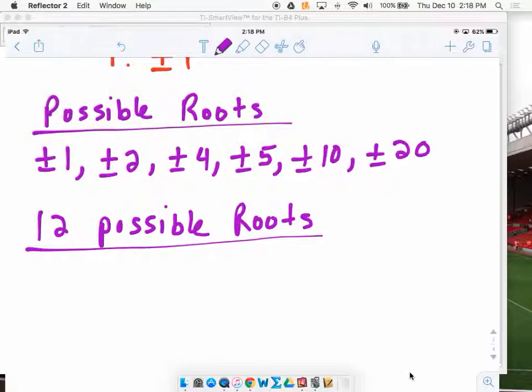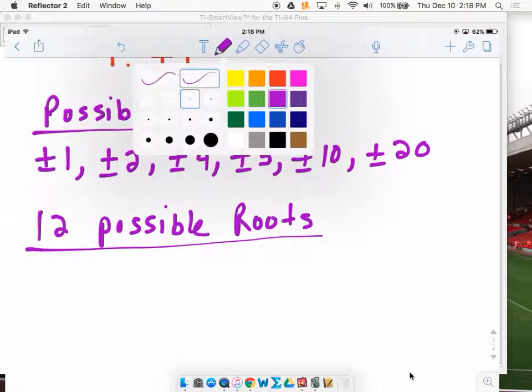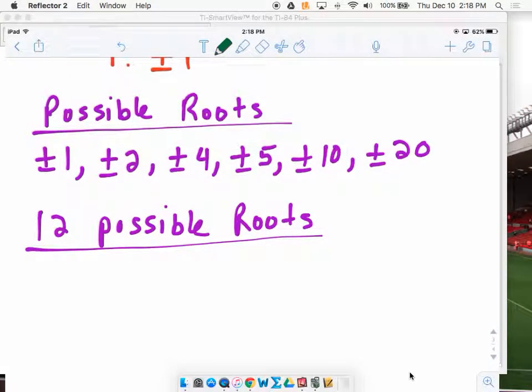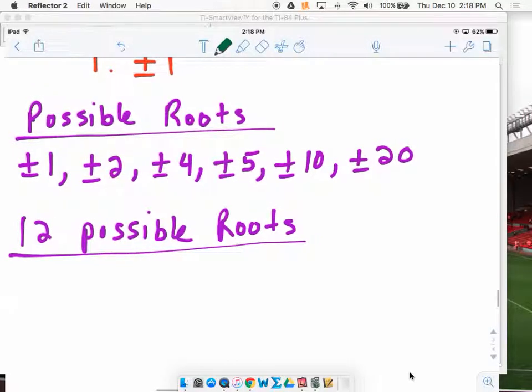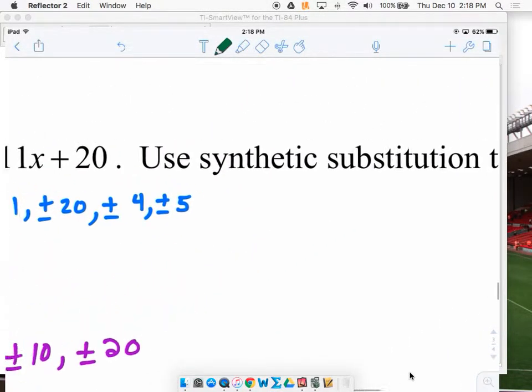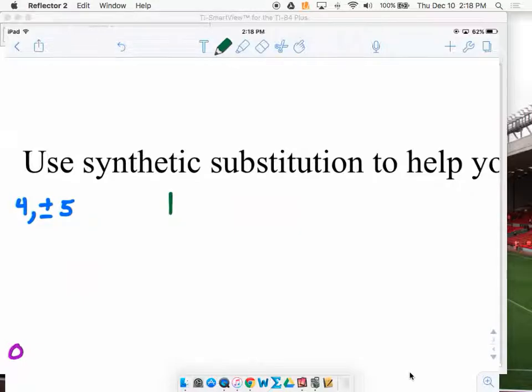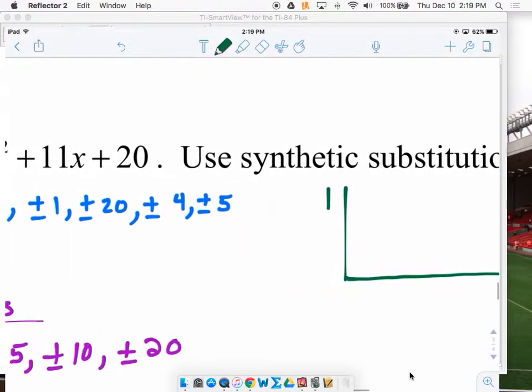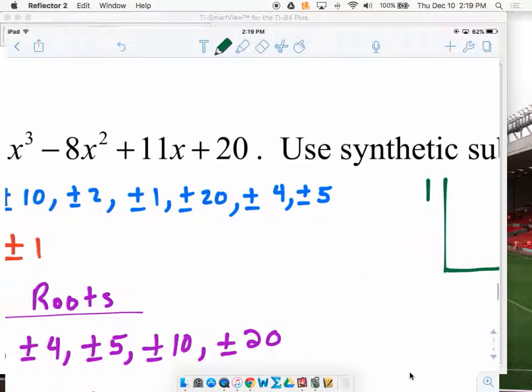All right, so another way that you can do this is using synthetic substitution, which we've learned from when we did dividing. All right, so one possible root that I could have is positive 1, right? So I'm going to see, does 1, if I divide 1 into my equation, do I get 0 as my remainder?